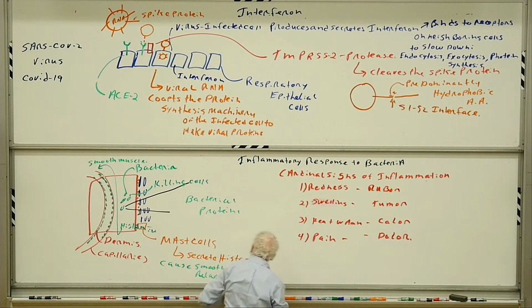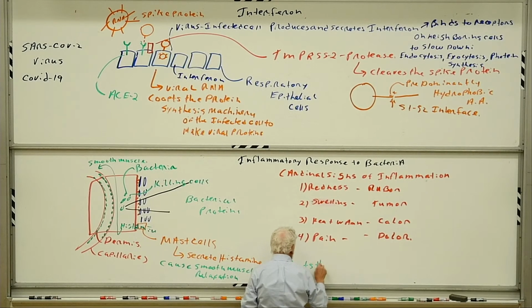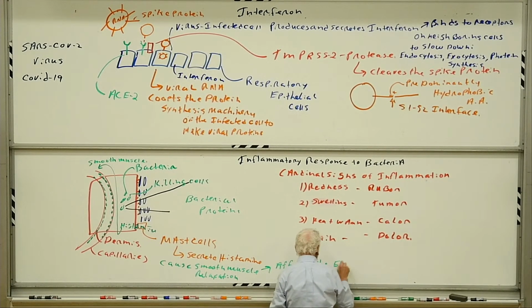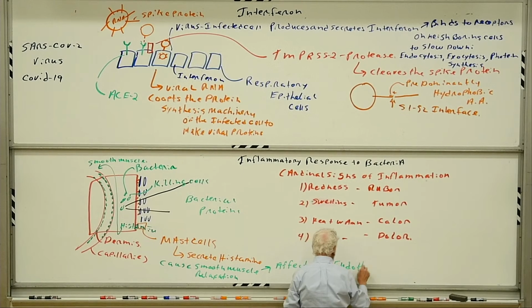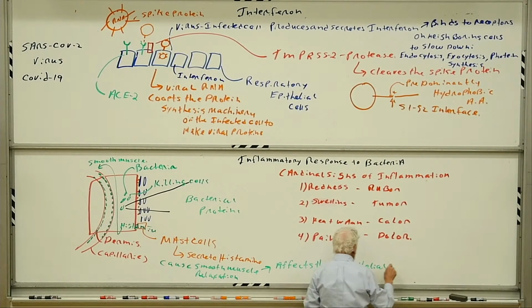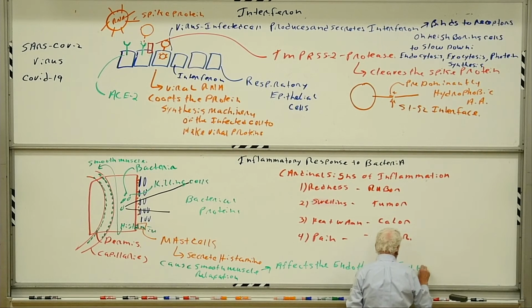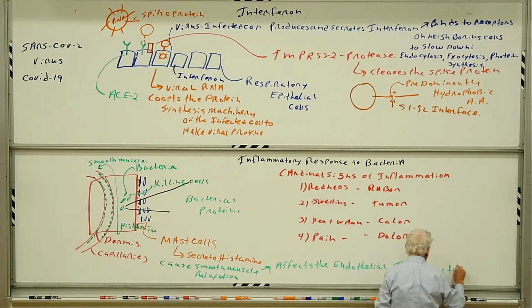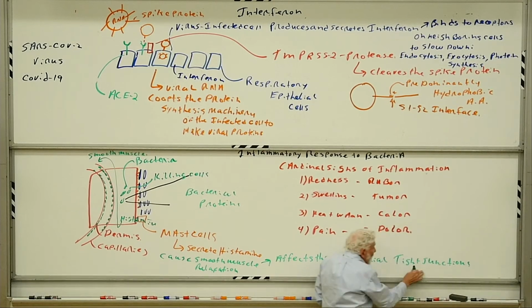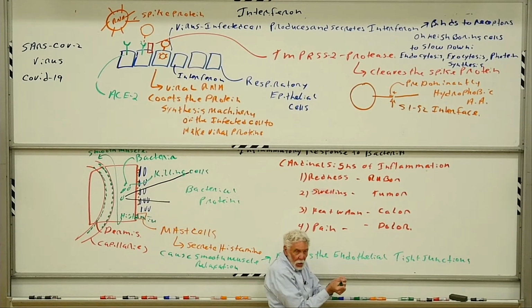Swelling. Well, another thing that the histamine does is it affects the endothelial cells. It affects the endothelial cell tight junctions. So it actually causes these tight junctions to let go a little bit.